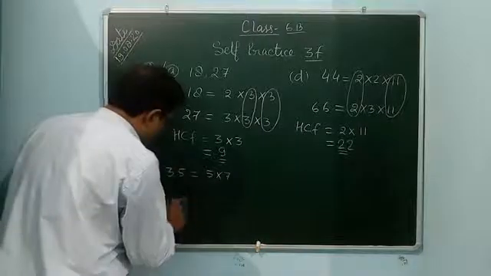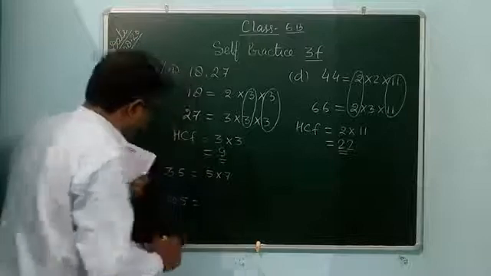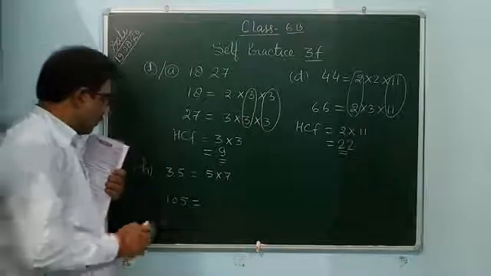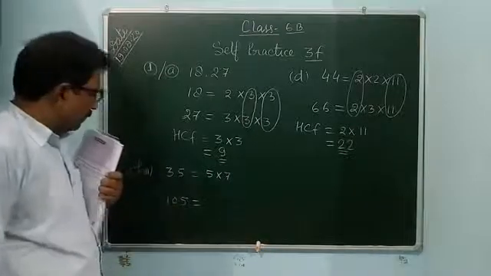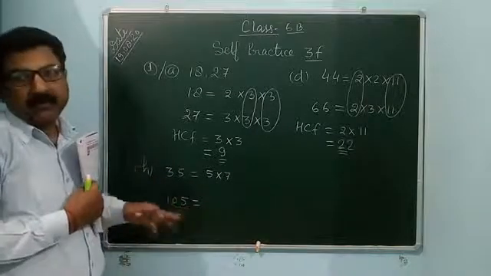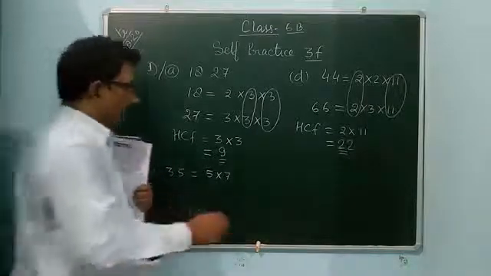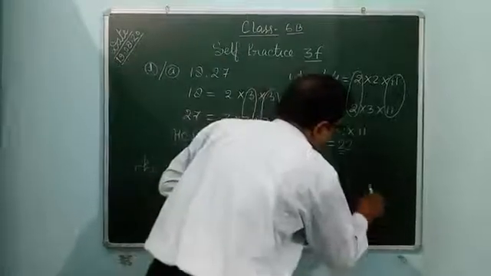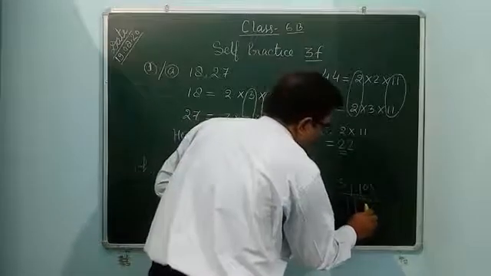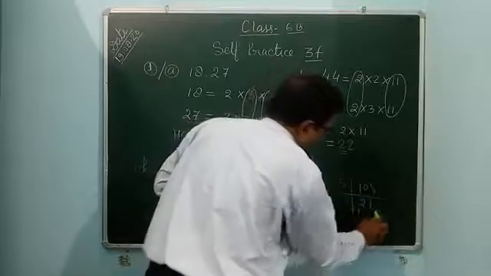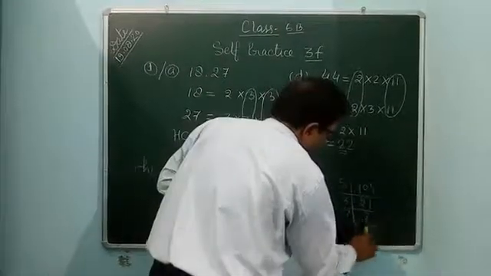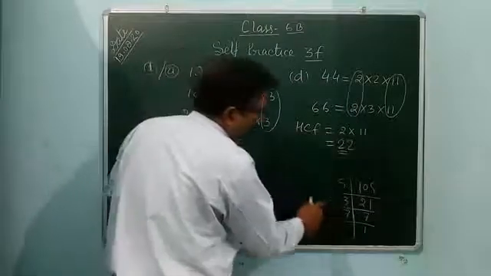And for 105, you can get the prime factors. If you have no idea how to get prime factors, you can use the continuous division method. For 105 you can do like this: divide by 3 to get 35, divide by 5 to get 7, and at last divide by 7 to get 1. So 105 is 3 into 5 into 7.